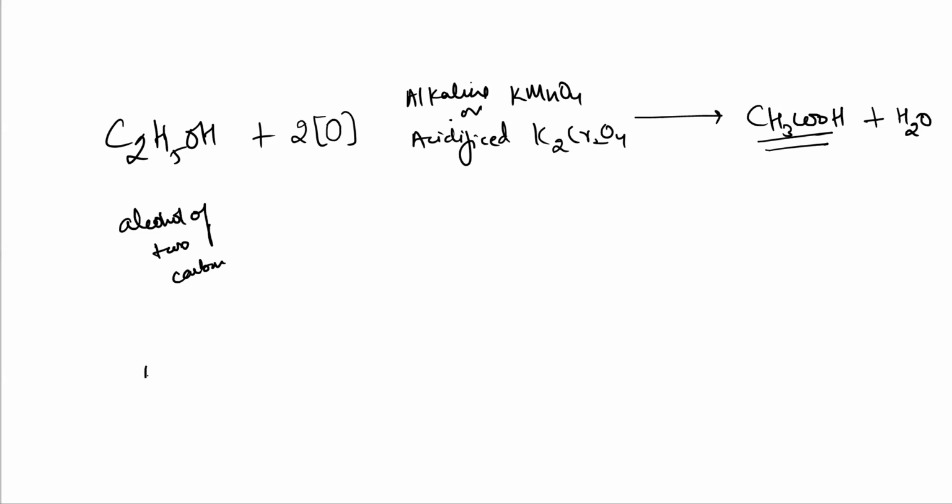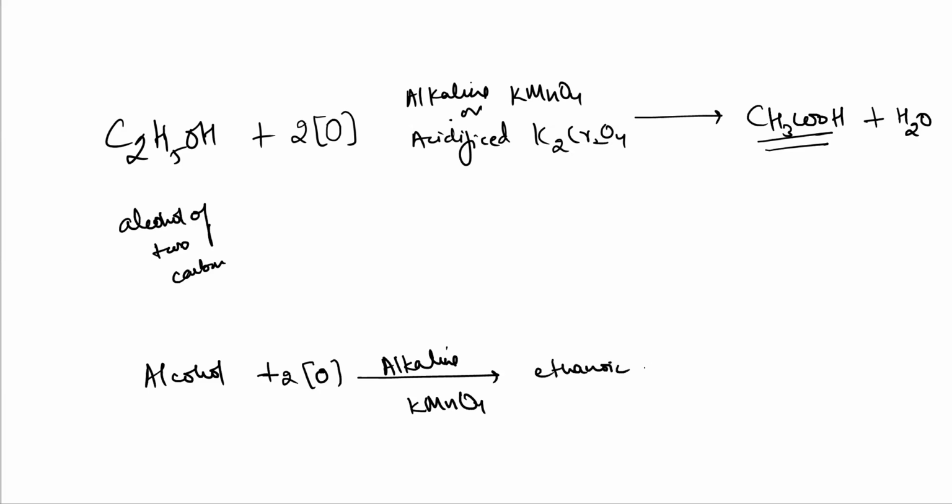Write it properly: alcohol when reacted with alkaline KMnO4 gives you, sorry, not ethanoic acid, because it is a general alcohol, so it gives a carboxylic acid, plus water.